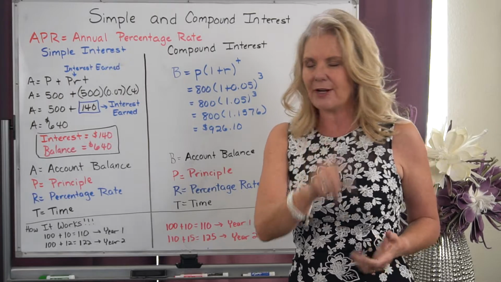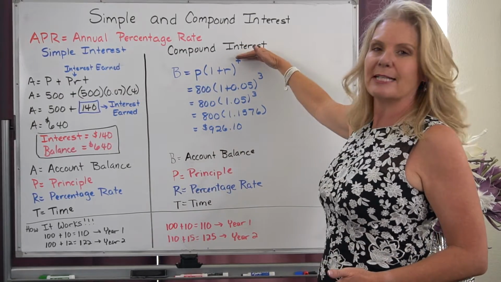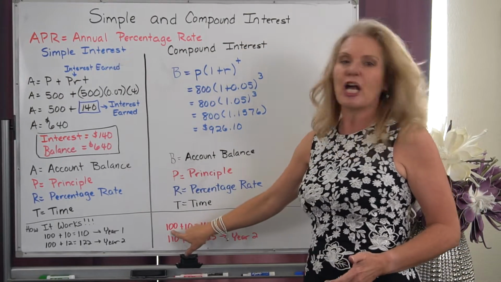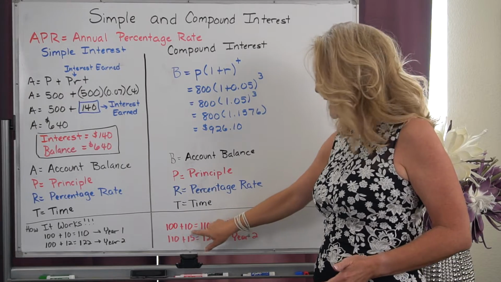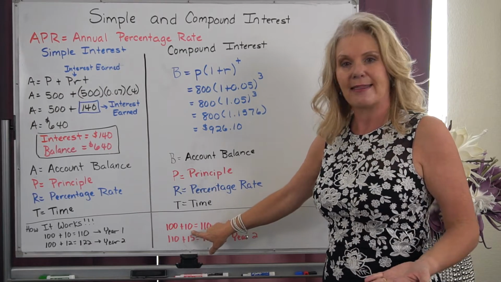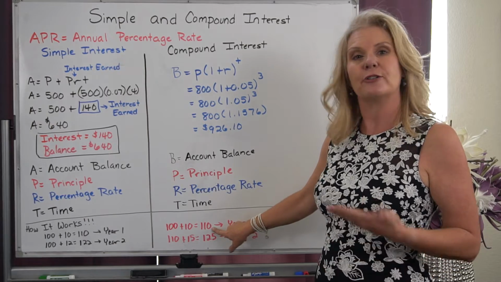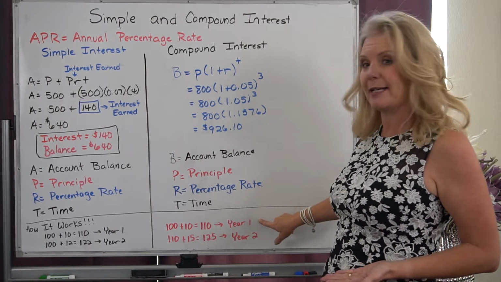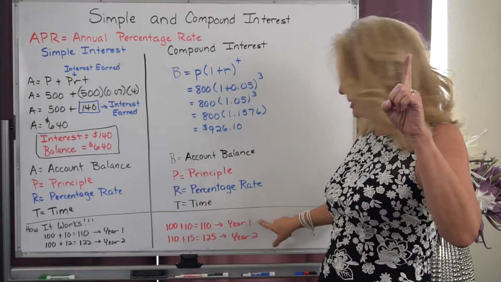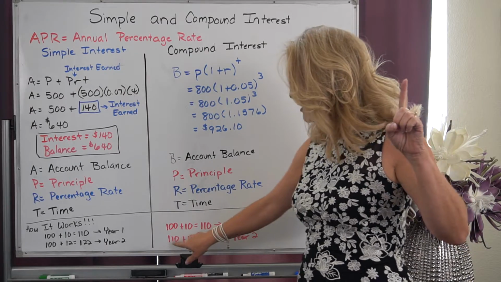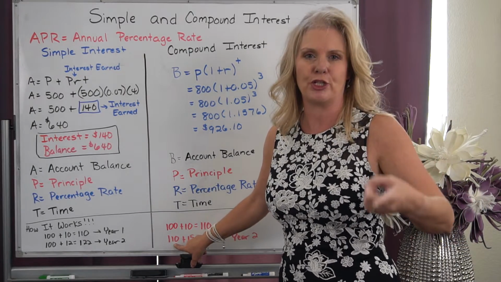So what's the difference? Well, in compound interest, if I put in $100 and I gained $10 that year, I'd have $110 at the end of year 1. But here's the beauty. That $110 is where I start in year 2.